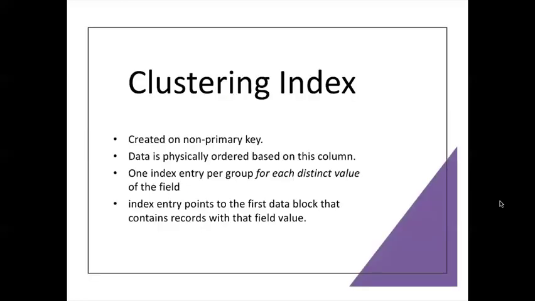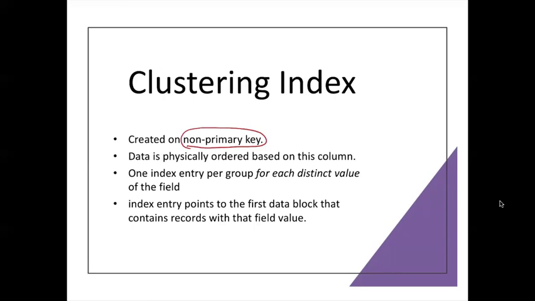Then the third type of index is the clustering index. This is also created on the non-primary key. Here, data is physically ordered based on this column, based on this key value, based on this index value.